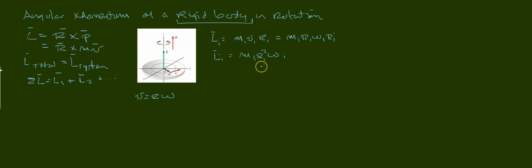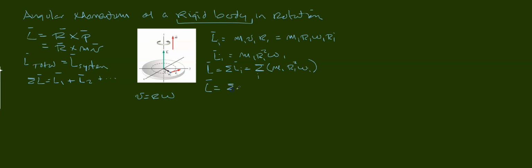If we want the angular momentum of the body, it will be the sum of all the individual angular momenta. So it will be the sum of m_i r_i squared omega_i, and we add everything. We recognize that the angular velocity is the same for every particle.